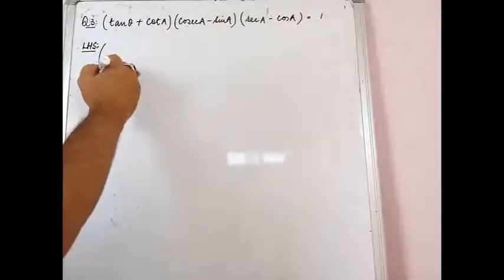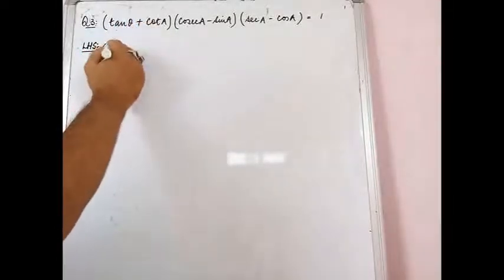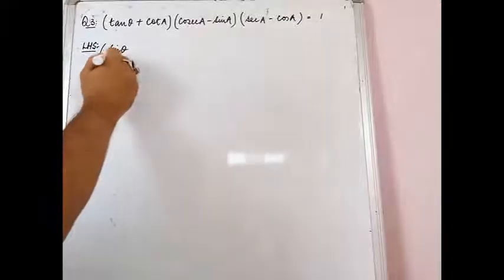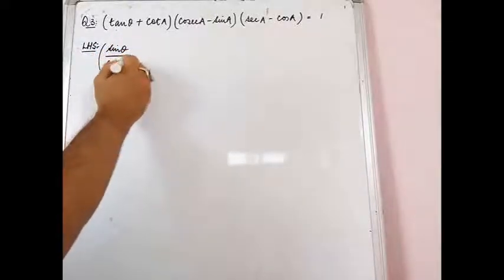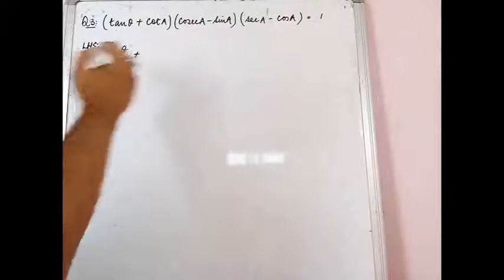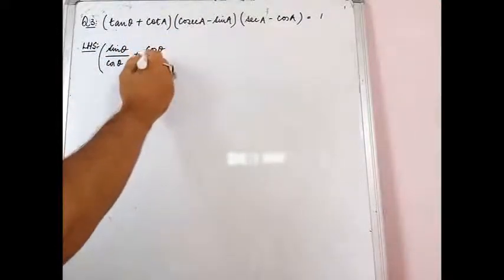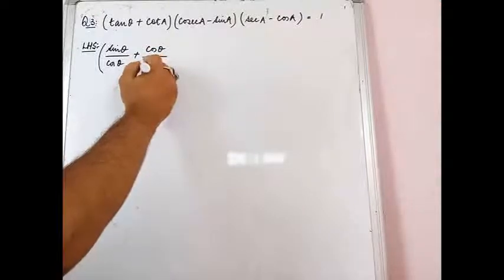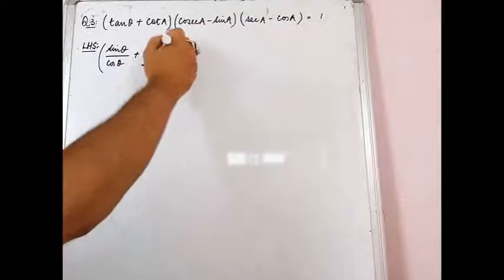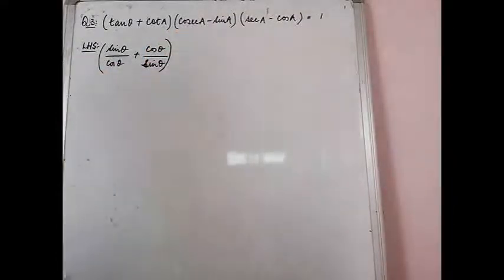Okay, so we will start with the first bracket. Tan theta, as usual, can be written as sin theta upon cos theta, plus cot theta. As you know, it is just the reverse of tan theta, so it will be cos theta upon sin theta. So that is your first bracket.